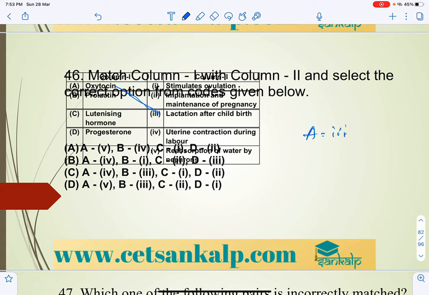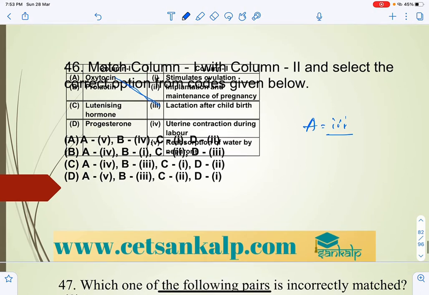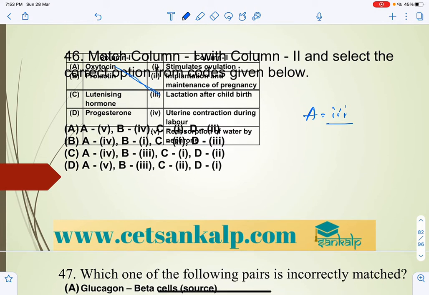So 46th, we can say A, 46 answer. Oxytocin lactation after childbirth. It also helps in lactation after childbirth. So we'll take oxytocin, the major role uterine contraction.